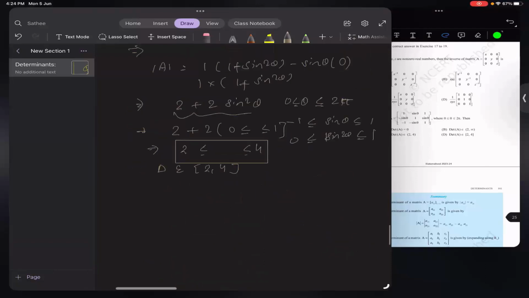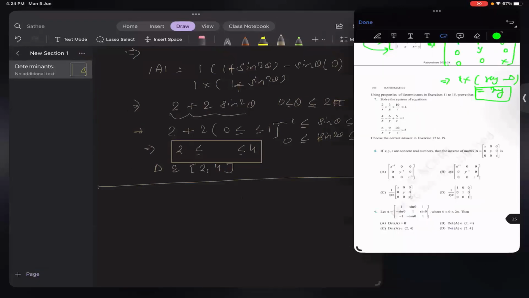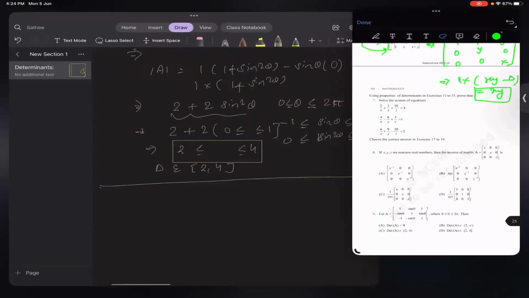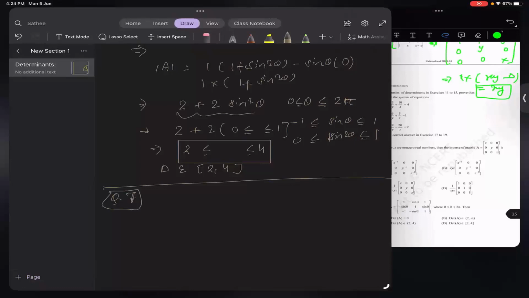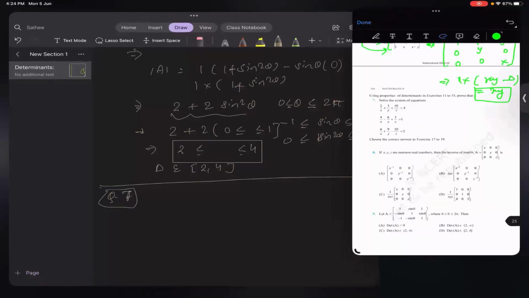So this is about this question, and now let's quickly see our question number 7 that we had left. Here you are given a system of equations and you have to solve them, basically with the matrix method.